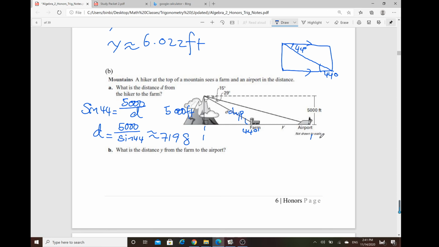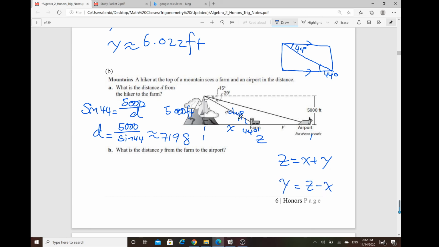Let's say this one is x and this one is z. So that means z equals x plus y, so y would be z minus x.